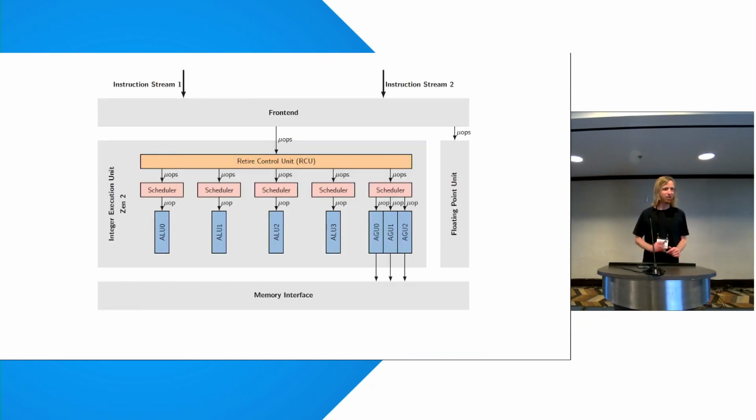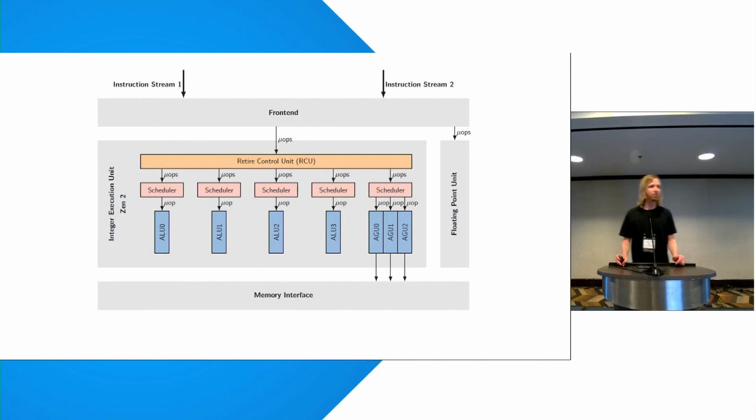How does all this work? You just saw this backend of the CPU. Let's go into it in a little bit more detail. Starting from the top of this figure, you see two instruction streams. These are two because we have two hyperthreads.